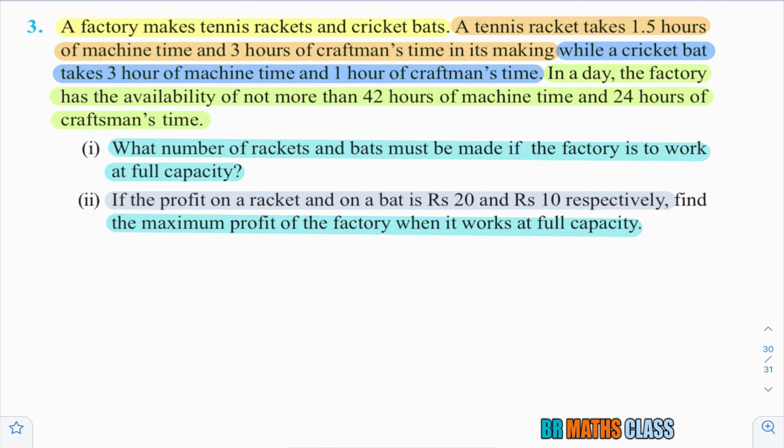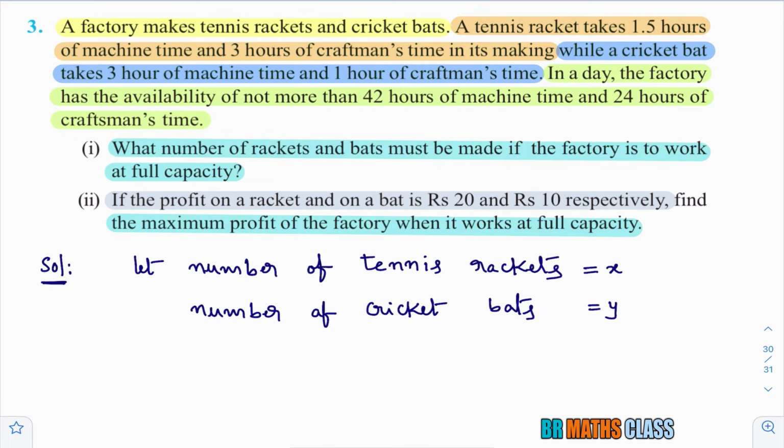Let's write the given data. Number of tennis rackets equal to x, and number of cricket bats equal to y. Now, whatever data they have given in the question, I'll write it in a table form.